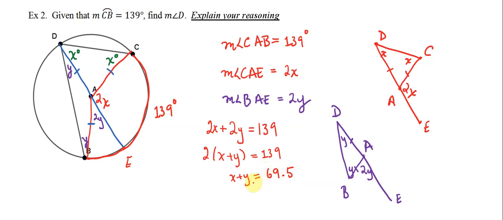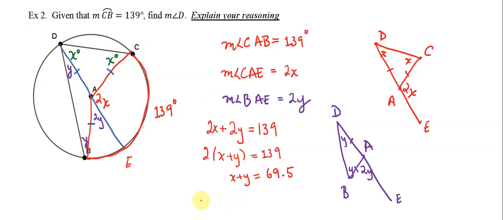Now this seems weird that we have two variables, we don't know either of them, and we happen to just have an answer for the combination of them. But that's okay, because x plus y is the measure of angle D. If I temporarily erase this for a moment, x and y together form angle CDA or CDB, which is the thing that we're trying to find in the first place.